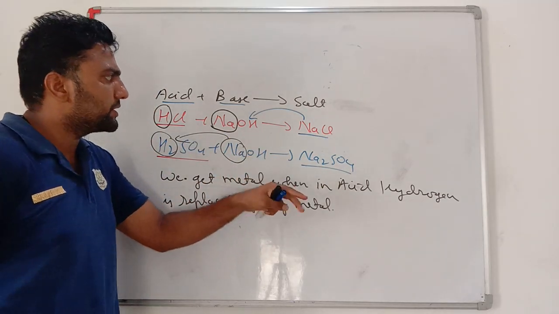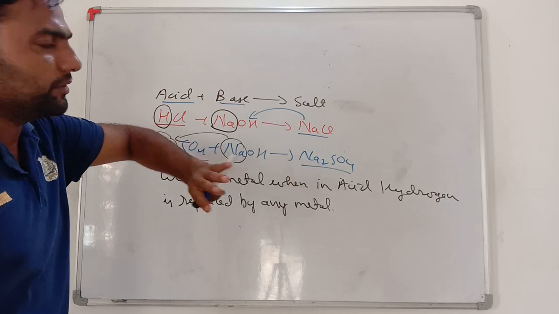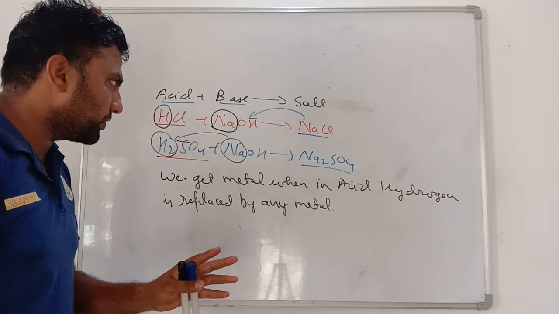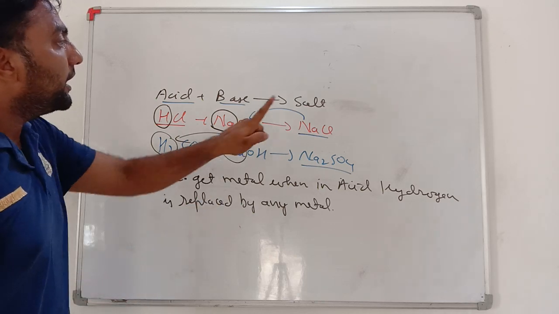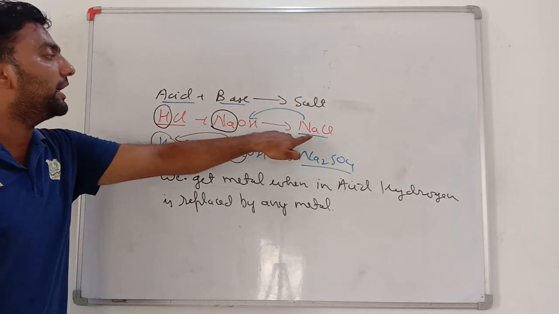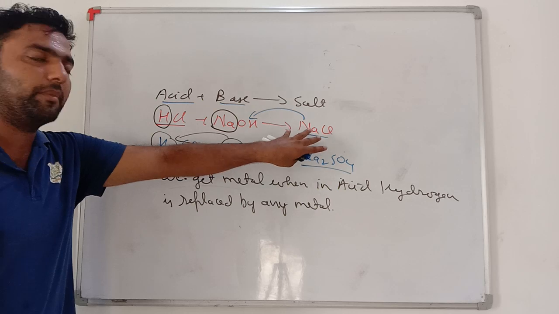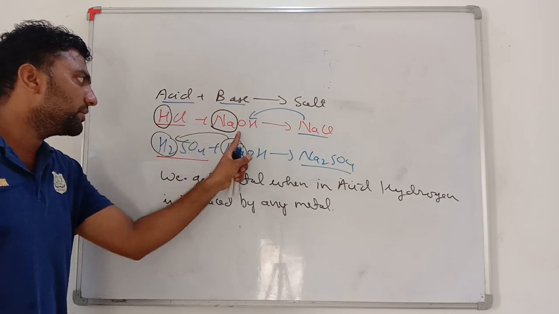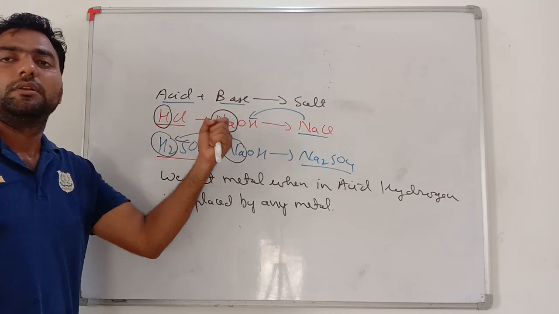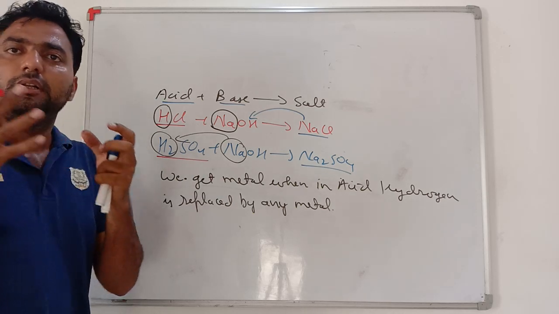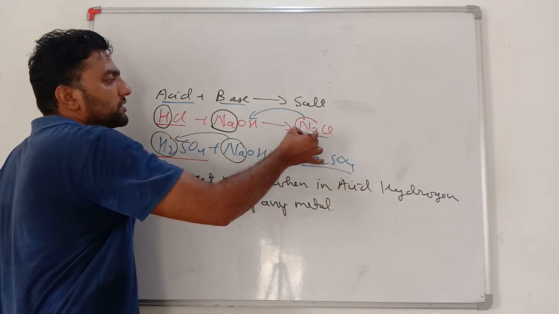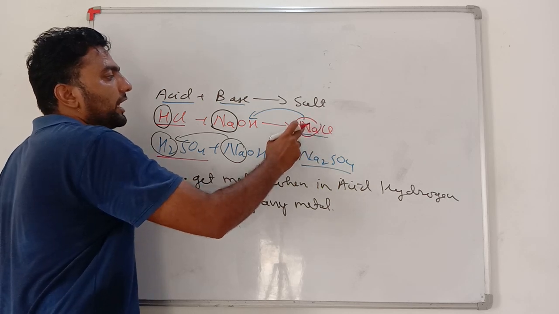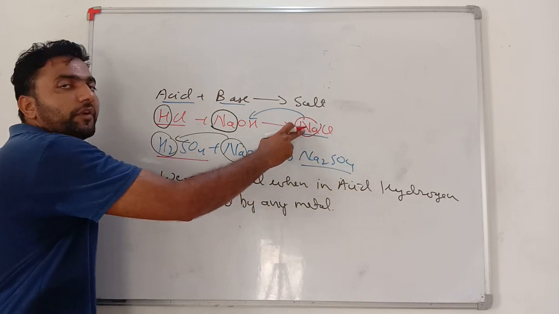Very important, my dear students. NaCl, Na2SO4, CaSO4, these are all salts. Most important thing: even by the salt we must be able to know by which base or which acid we have got that salt. For example, we know this is a salt; instead of the metal, here was a hydrogen of some acid.